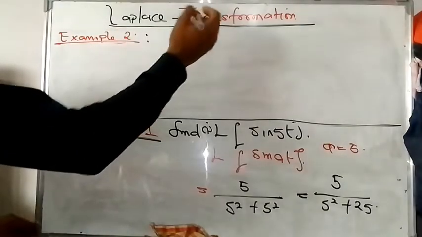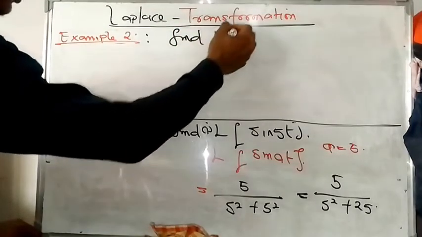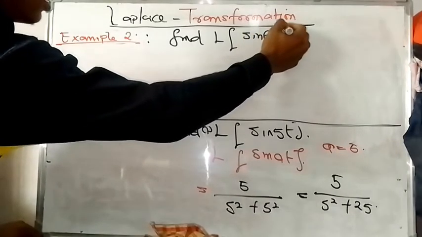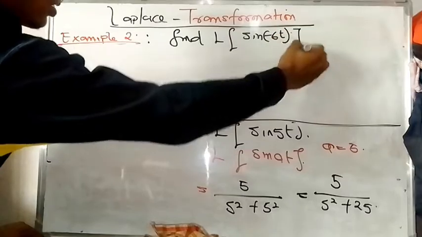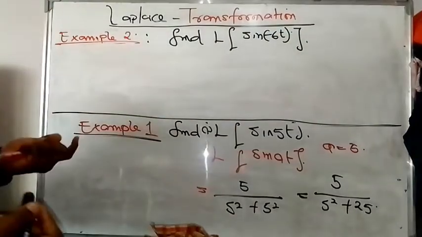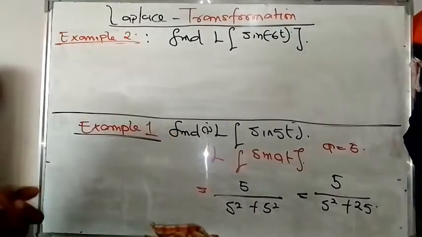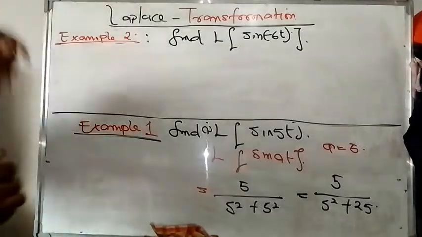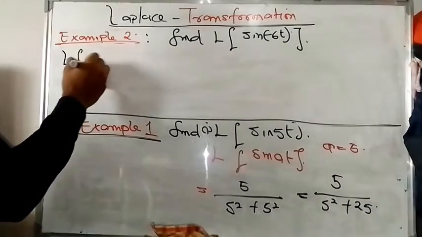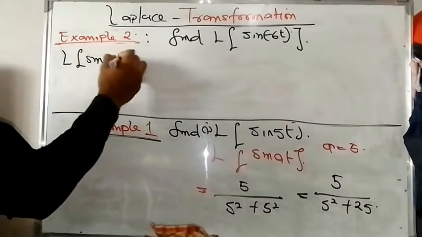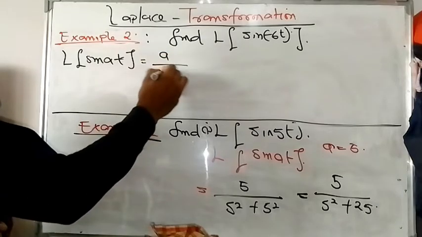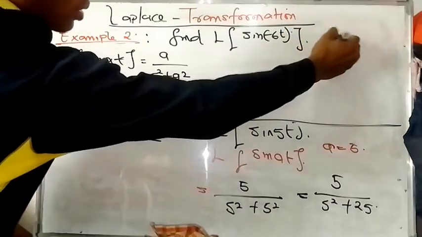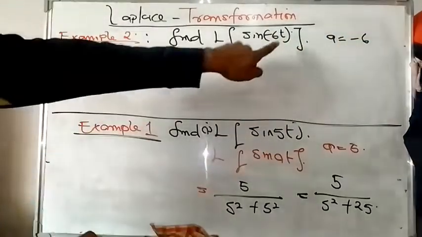Find the Laplace of sine minus 6t. Now we all know that the Laplace of sine at is equal to a divided by s squared plus a squared. Hope you have jotted down that formula. Then here my a is definitely minus 6.